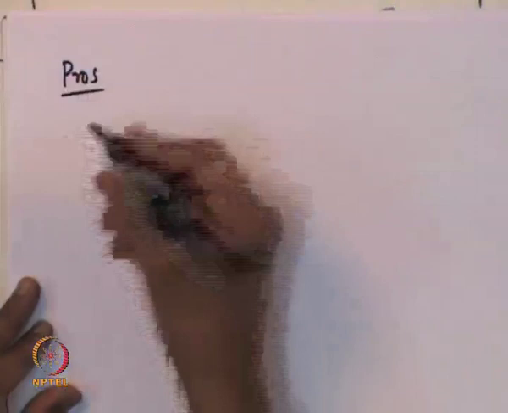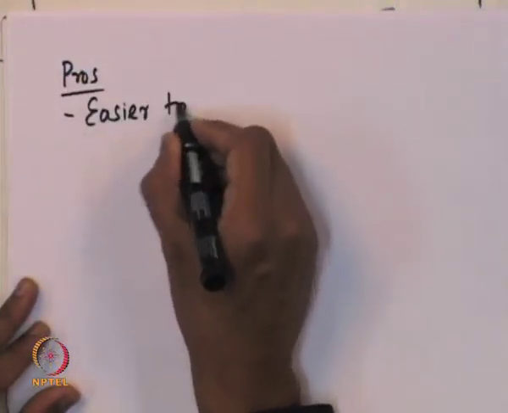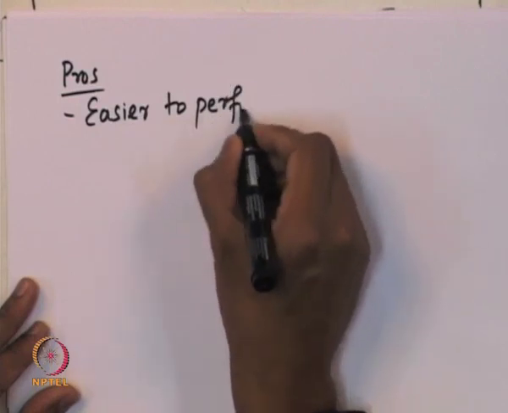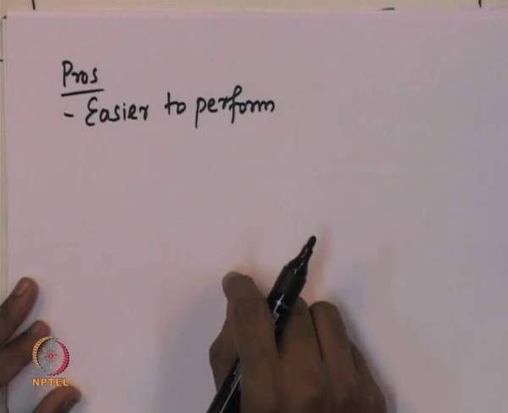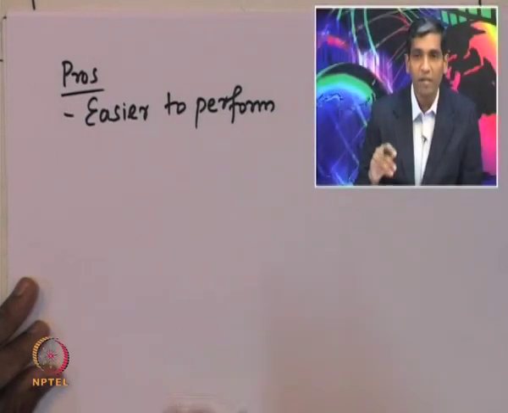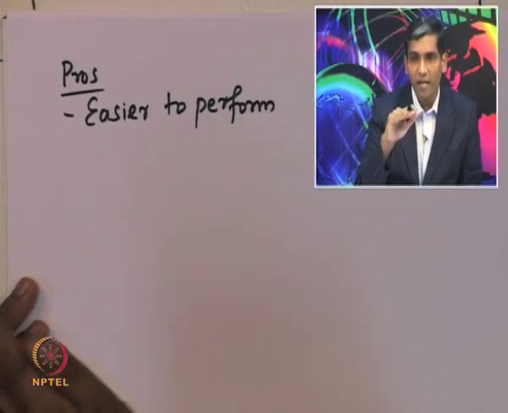So, what are the advantages of the step input method? The advantages are that it is easier to perform this experiment, because the experiment involves maintaining a certain concentration of the tracer at a certain level.